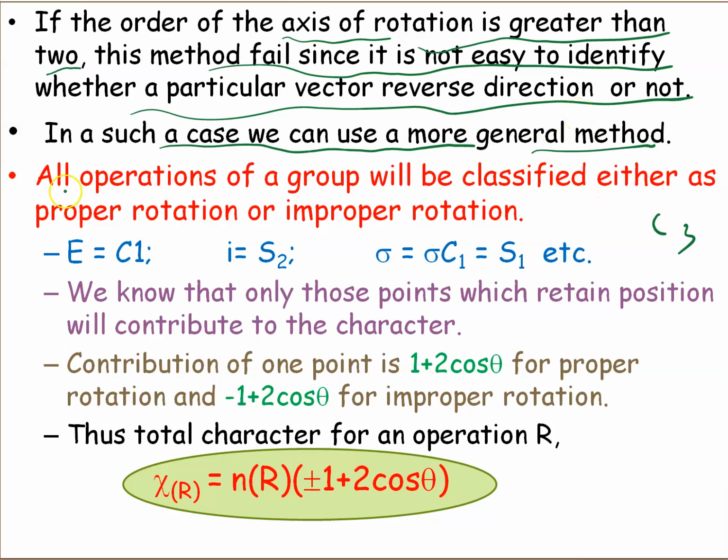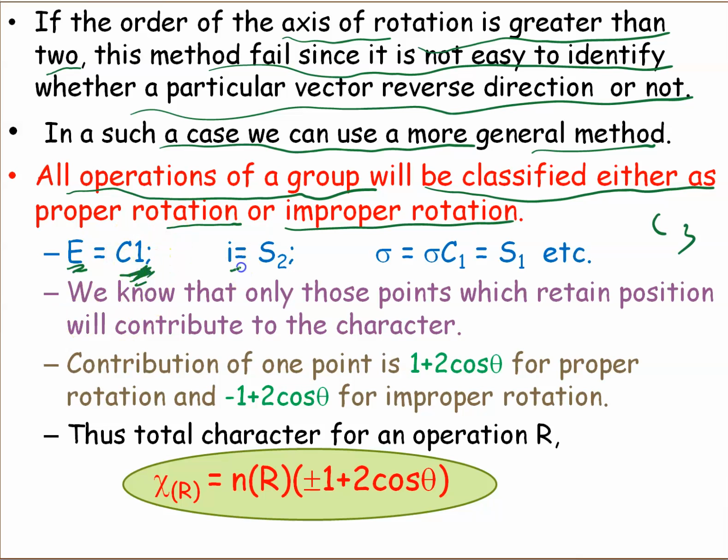In this method, all operations of a group will be classified either as a proper rotation or an improper rotation. For example, E can be written as C1, a proper rotation by an angle of 360 degrees.